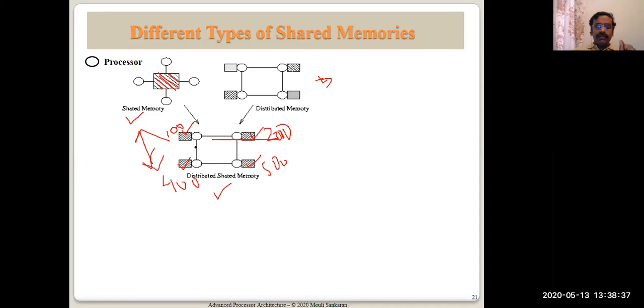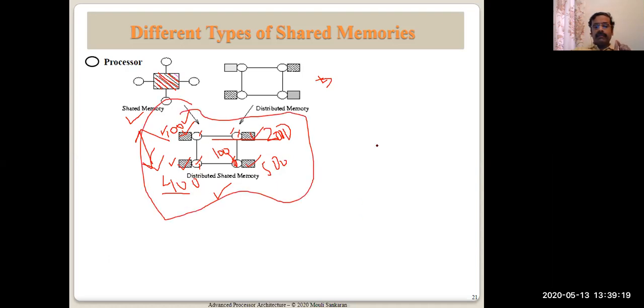That means these circles are different processors executing different code, but they may access the same location in memory, the same address. Suppose this processor is giving out address 100, that 100 will refer to a location in this place. It will be the same for every processor. Address 100 is here physically. Similarly, if anybody wants to access 400, they will access the 400 location located in this physical memory. So they all come under a single address space.